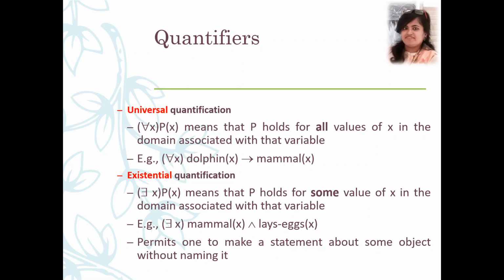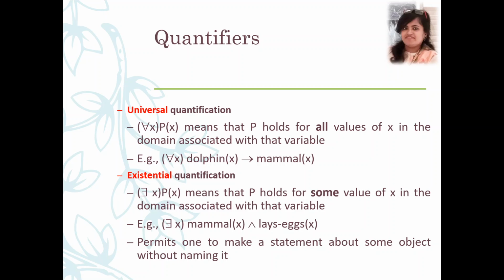For example, if the sentence is all dolphins belong to the mammal category, then it is: for all x, dolphin(x) implies mammal(x). So if x belongs to the dolphin category, it is implied that x will be a mammal as well, and this is true for all other x's.